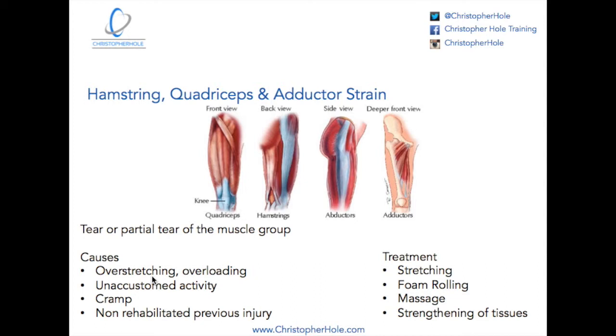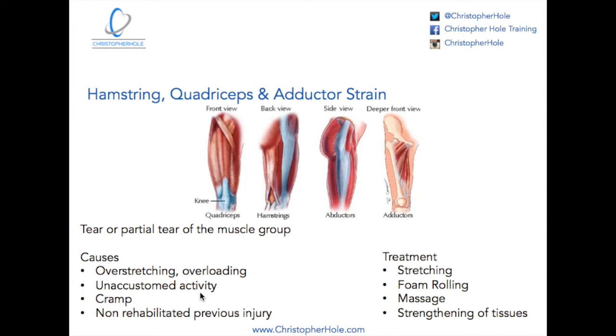So if for whatever reason you went into a splits position and you couldn't stop yourself going down and the muscle tore, that would be traumatic. But overloading would generally be repetitive, and then one adverse lift further down the line through a weakened tissue can cause a strain.